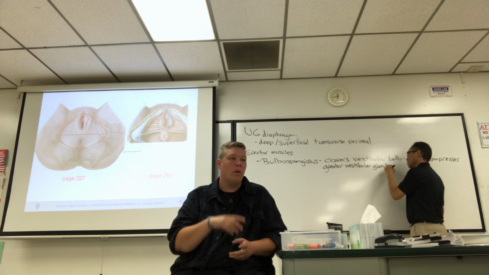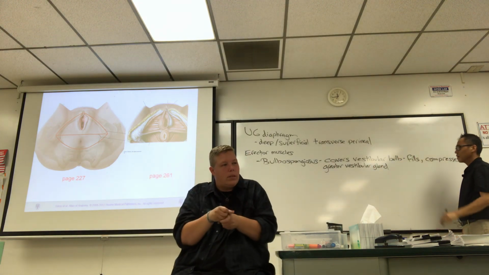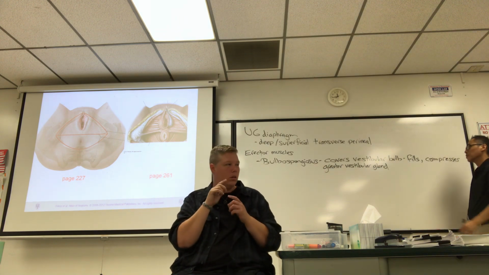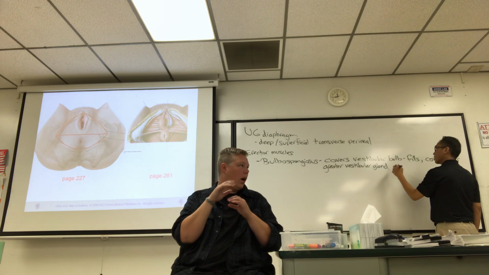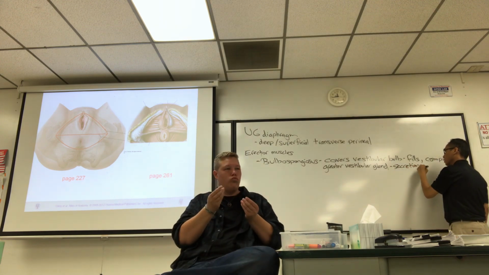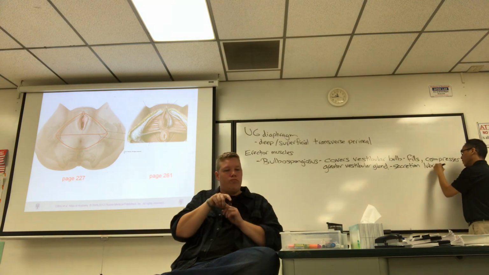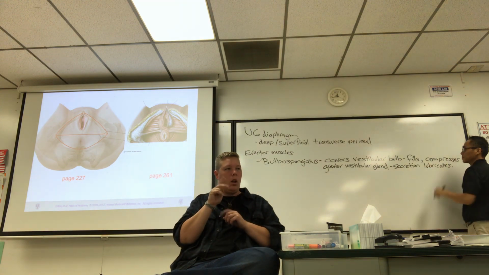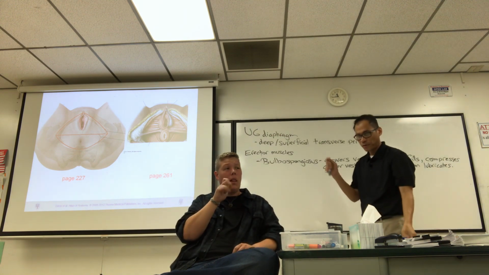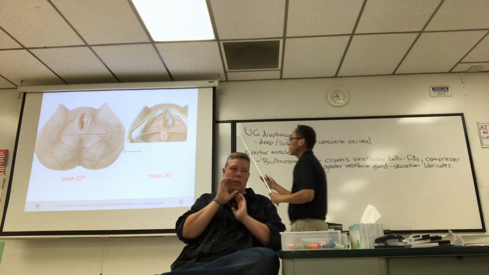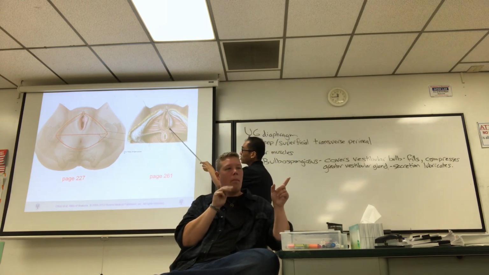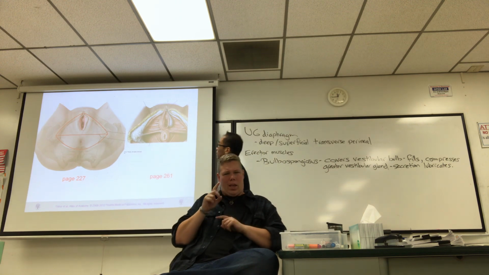When you compress the greater vestibular gland, there's a secretion that will lubricate the area during sex arousal. Secretion lubricates. Now the gland isn't shown on this picture. We'll try and look for it in other pictures and on models. But anyways, that's the bulb. The gland would be right down there. I don't know why they didn't leave it in there.